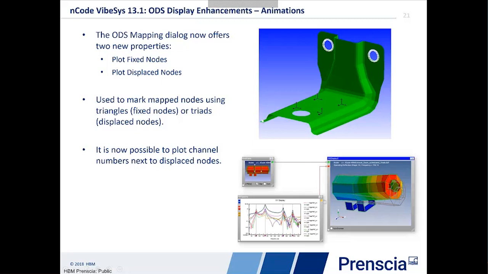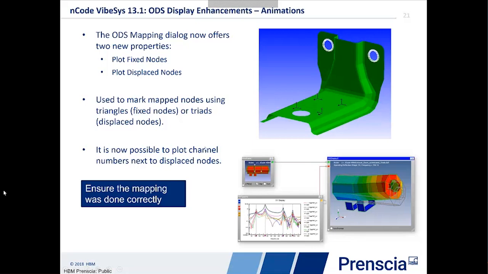It's also possible to plot the channel number, so I could see that at this specific node in this specific direction it's channel 12 that's been mapped, and at this node in this other direction is channel 13, for instance. See here in this example, I could easily catch an error I made in terms of polarity, maybe, or I did it on purpose. Maybe the sensor that was sitting here was not in the right orientation or something. But that helps basically validating the mapping.